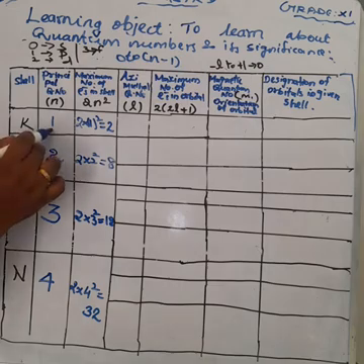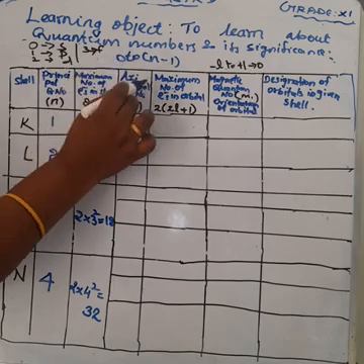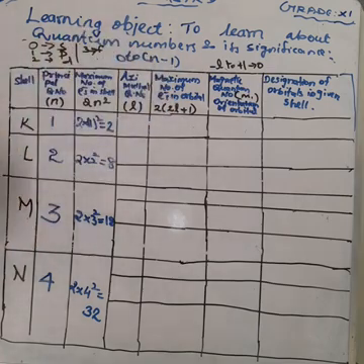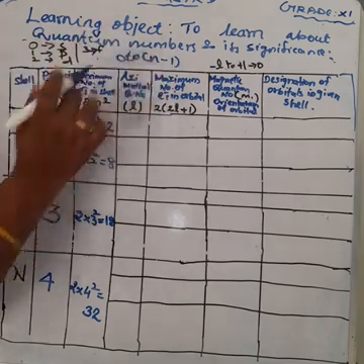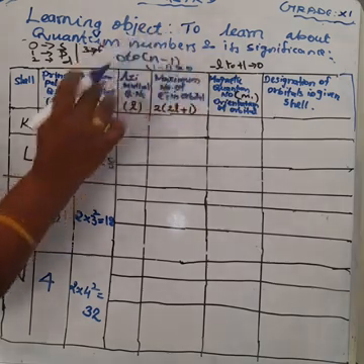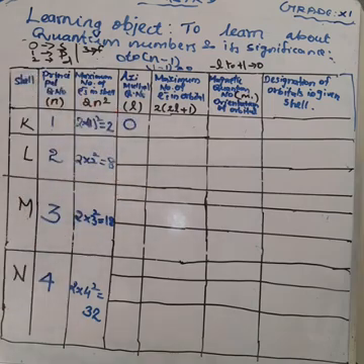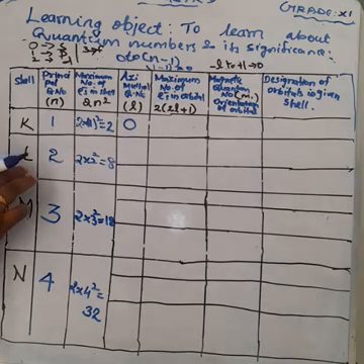So here, K shell, n value 1. The azimuthal quantum number l can start from 0 to n minus 1. Here n value is 1, so 1 minus 1 gives 0. So the azimuthal value for K shell is 0 only. And for the L shell, what is the value of l?